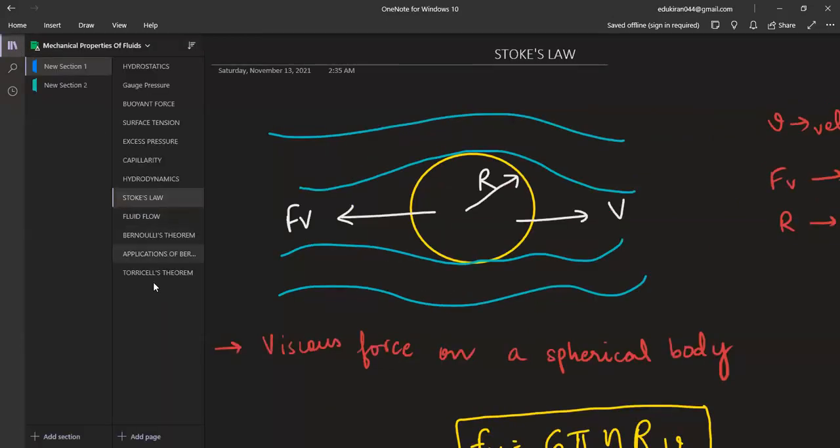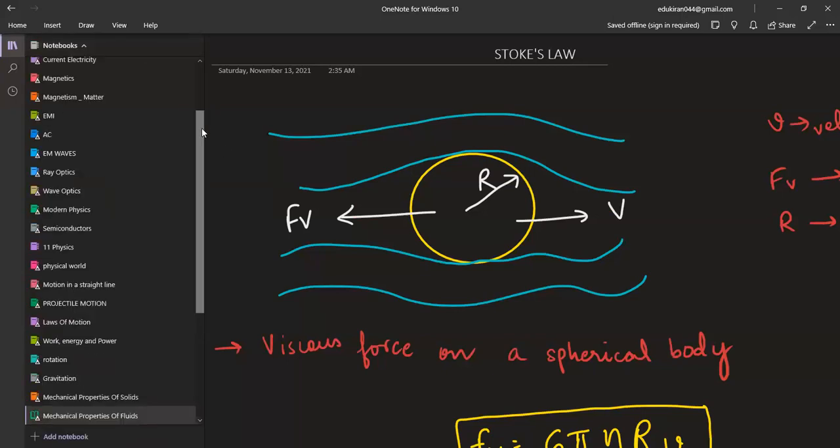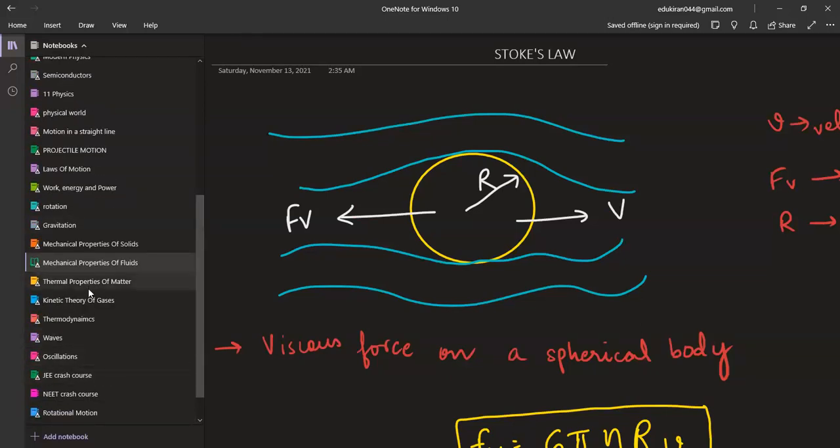We'll be doing fluids slowly, and directly in this batch we'll start with waves and SHM. For thermal properties of matter, kinetic theory, and thermodynamics, there will be a 1 hour class on Tuesday, Thursday, and Saturday. It is a proper class, not an extra class or revision class.